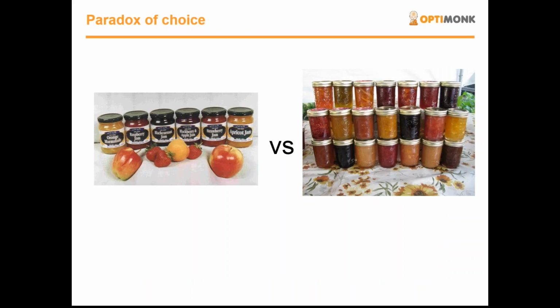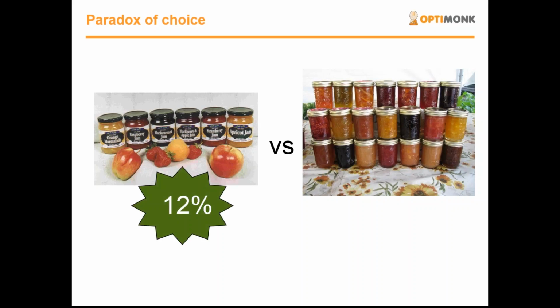And they compared how many percent of the visitors would actually buy any of those jams. When they presented only 6 bottles of different jams, 12% of the visitors actually bought a jam, while when they presented the 24 bottles of jams, only 3% actually bought any.